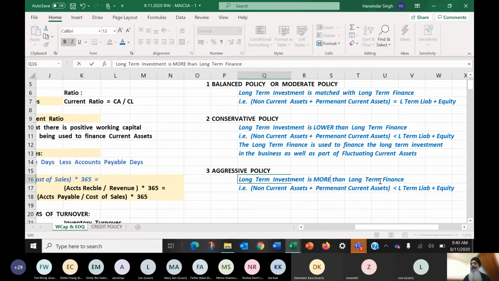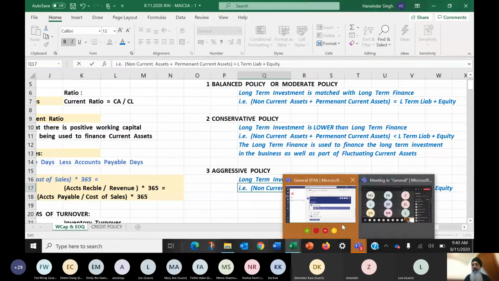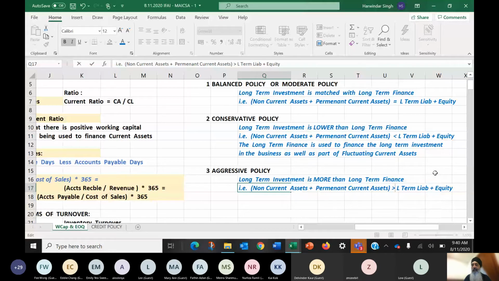That means long-term finance is not enough to finance long-term investment. Long-term finance is less. Why? Because we are using too much short-term finance. So long-term investments are greater than long-term liability. What does that mean?